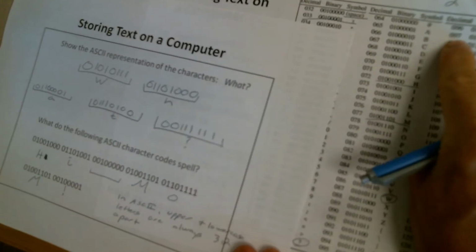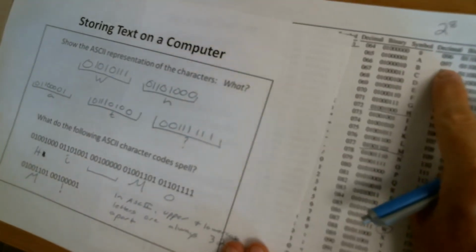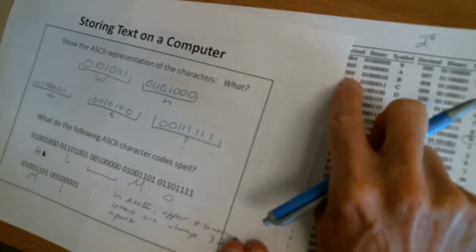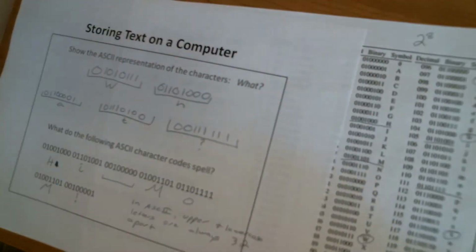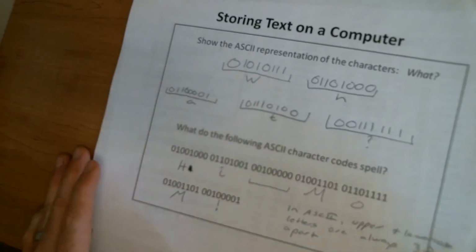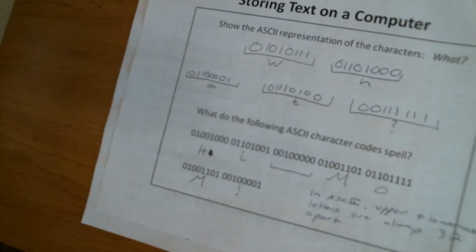All right, so if we look back at this table, lowercase a is 97. Uppercase A is 65. That's 32 apart. B is 66, b is 98, 32 apart. So the question is, why 32? Well, 32 is a power of 2.